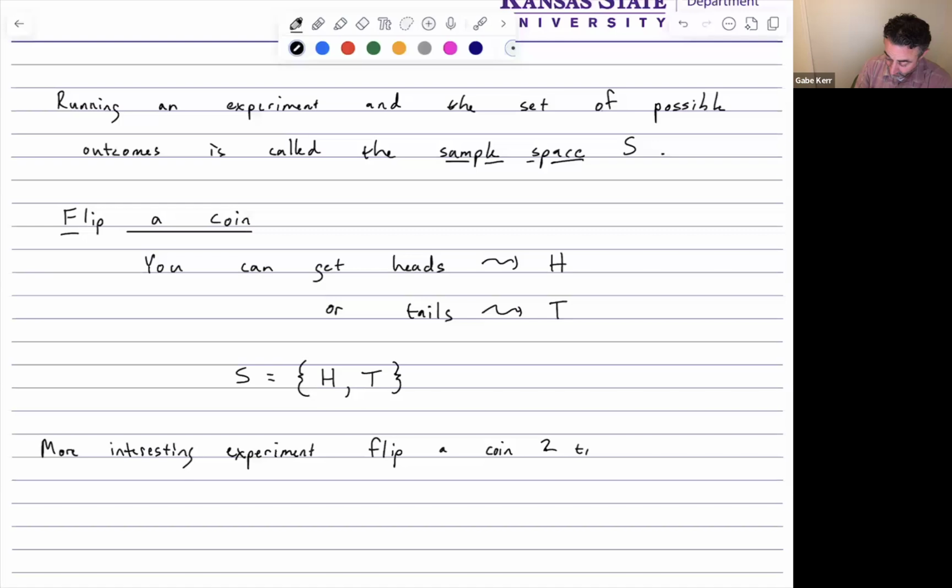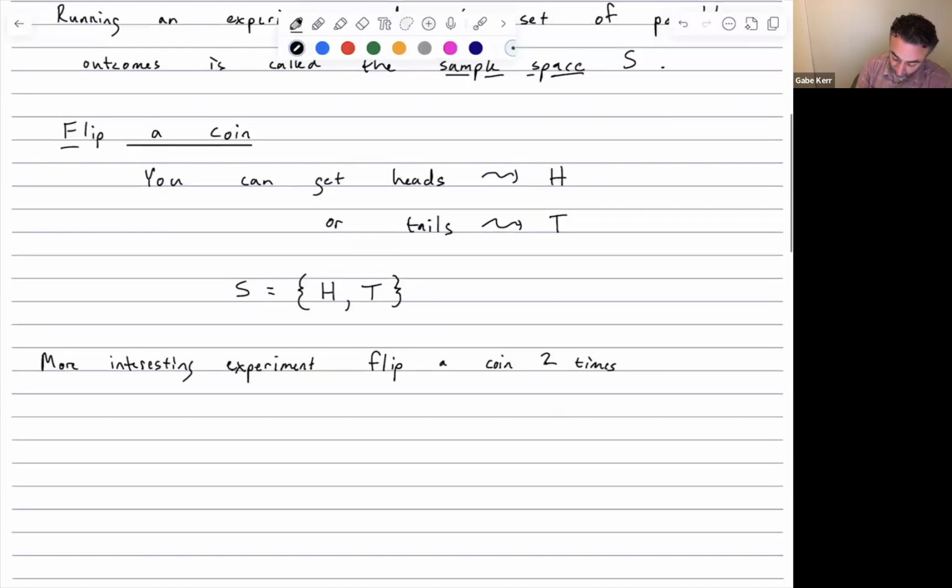Then we can talk about the first flip. It can be heads or tails. And then the second flip can also be heads or tails. But what we want to record are all possible outcomes of the entire experiment. So we'll think of the second flip after the first flip has occurred. So this is going to be heads or tails, or in the case where we got tails first, this is going to be heads or tails.